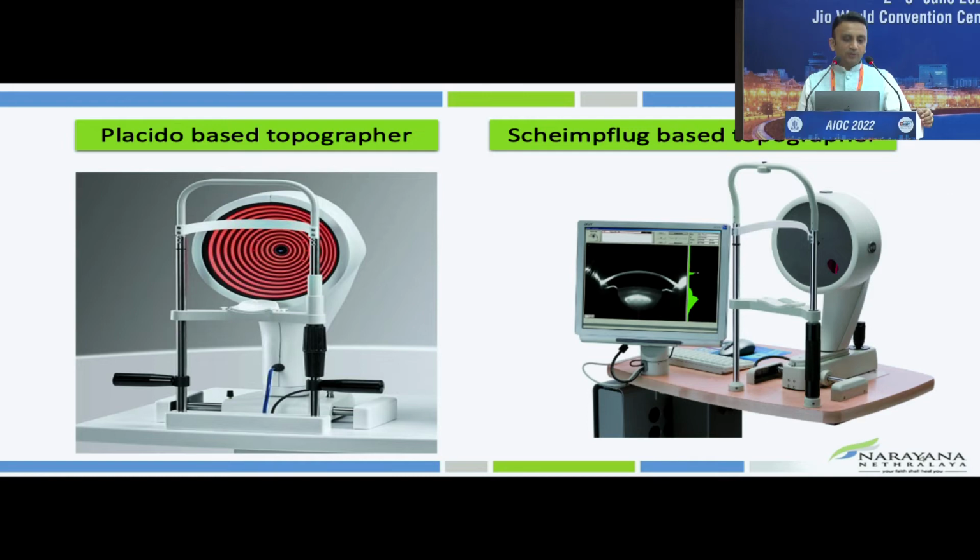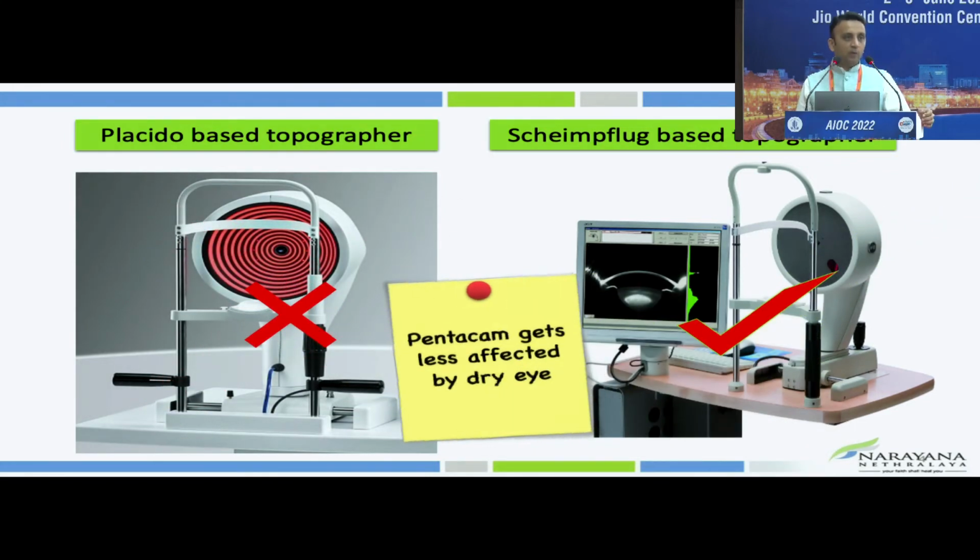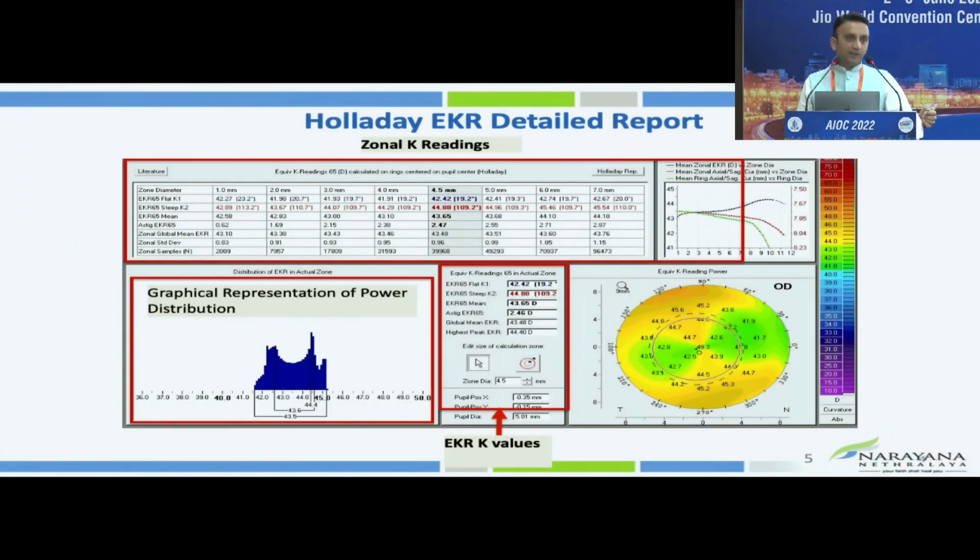When we have a choice of topographer, preferably I would go with a Scheimpflug based imaging rather than Placido based imaging, because many of these cones, when they are advanced, many times when they are on contact lens, there can be punctate staining on the surface, and the dry spots would not give very accurate results on a Placido based topographer. But having said that, if we have a choice, we would go with an elevation based topographer. My preference is Pentacam, because it gives me an outcome in the zone where I can select how regular or how irregular the cornea is.